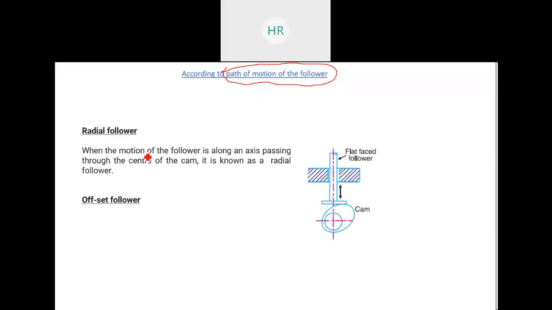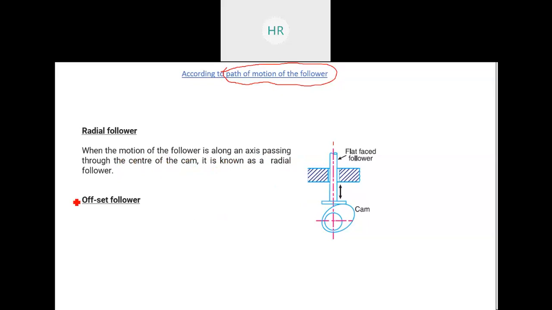When the motion of the follower is along an axis passing through the center of the cam, means जो follower का axis है और cam का जो axis है vertical axis, वो दोनों एक ही सेंटर लाइन में आती हो तो उसको बोलेंगे हम रेडियल फॉलोअर. When the motion of the follower is along the axis passing through the center of the cam, it is known as radial follower.